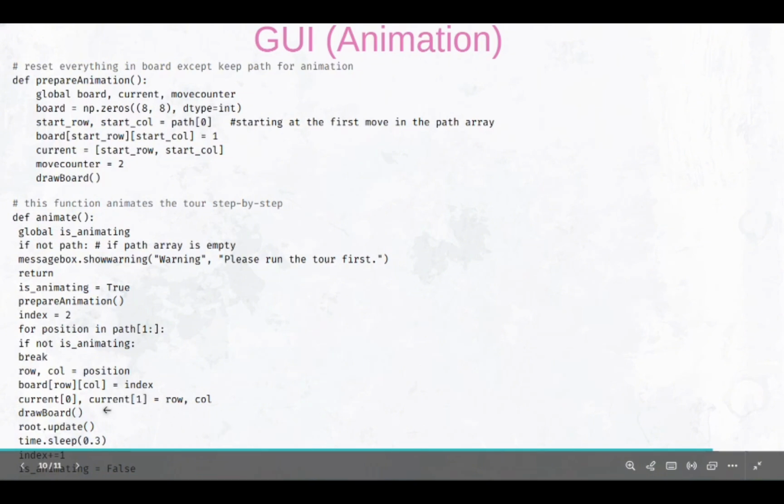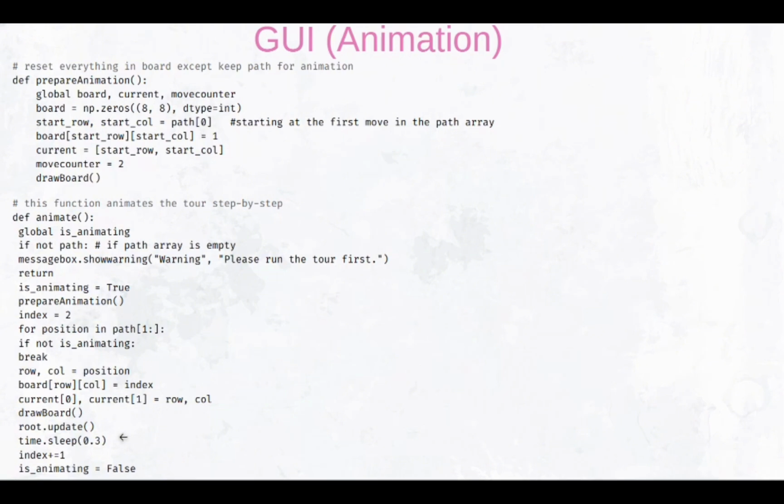And then between every move, between every knight, we will wait 0.3 seconds using this function right here, and the root.update will force the GUI to refresh immediately every time the knight moves, so that us as users, we can see the knight moving through the board.